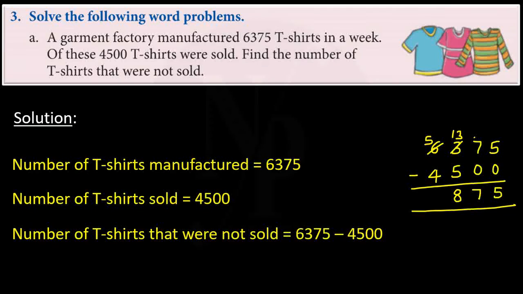And here subtracting 4 from 5, you get 1. 1,875 is the difference, and that gives the number of t-shirts that were not sold. So therefore the conclusion is number of t-shirts that were not sold is equal to 1,875.